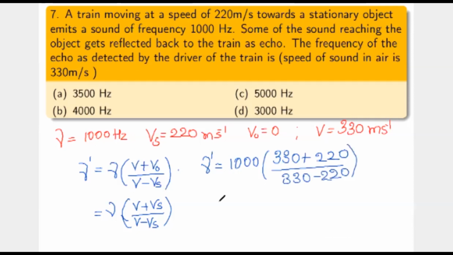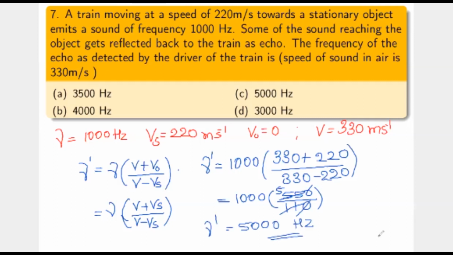So we have 1000 into 330 plus 220 is 550, divided by 330 minus 220 is 110. This 0 cancels. 11 fives are 55. So 5 into 1000 is 5000. So option C is correct.